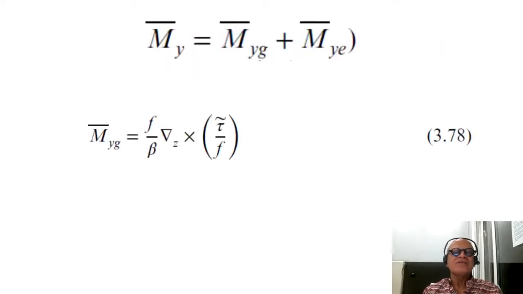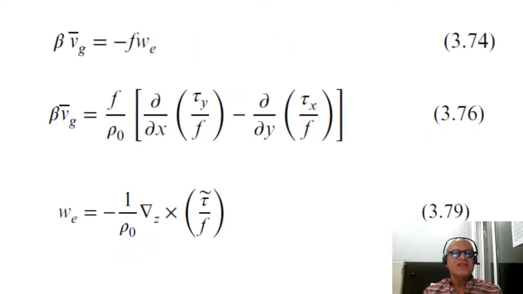And now we can write meridional transport as geostrophic interior plus the Ekman transport, and the geostrophic interior transport can be written as f over beta curl of tau over f. Tau here is of course the vector tau x i plus tau y j. Okay, this is the induced geostrophic transport.